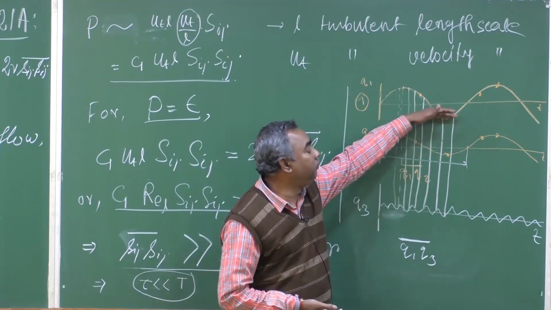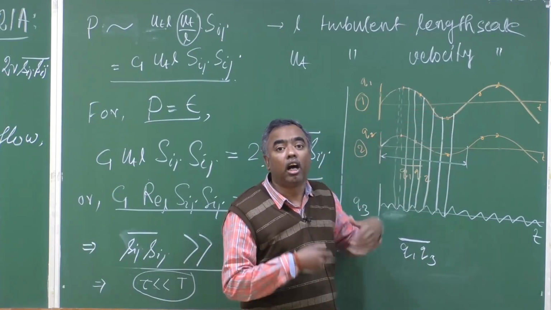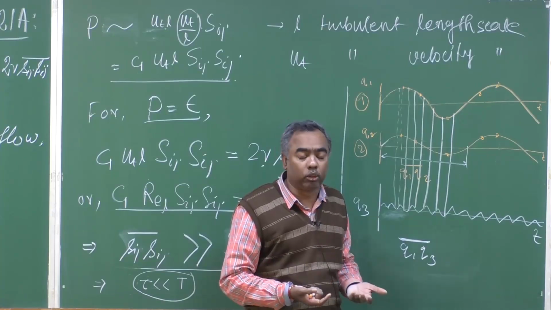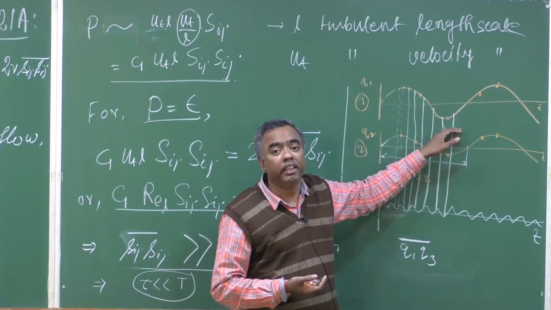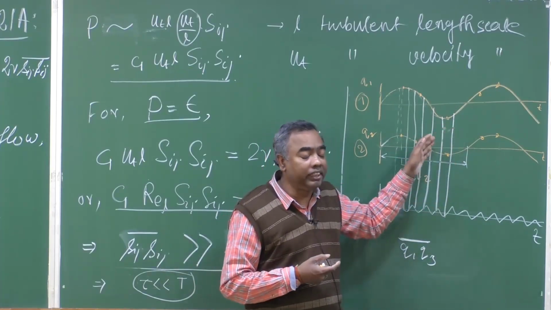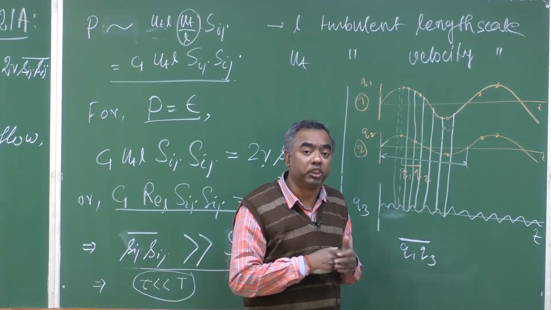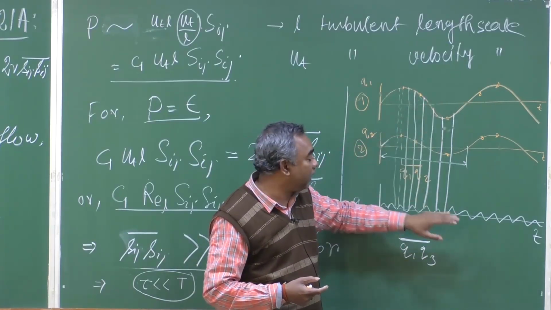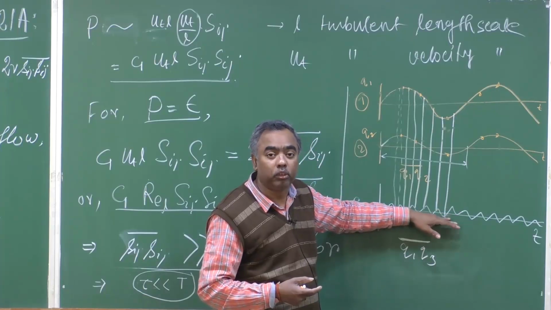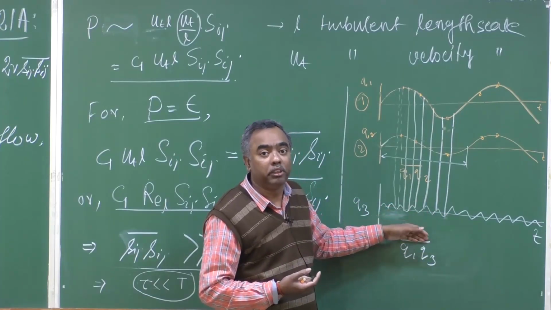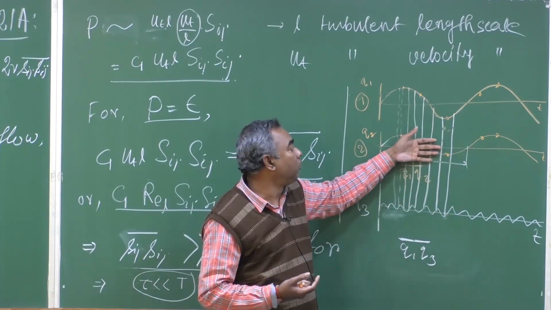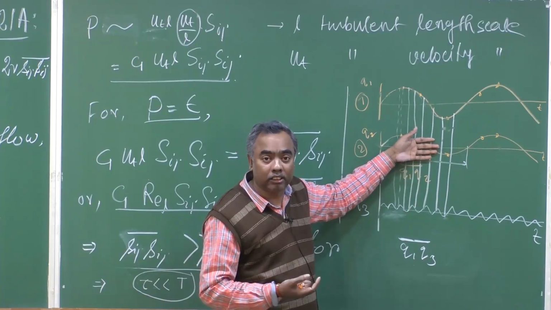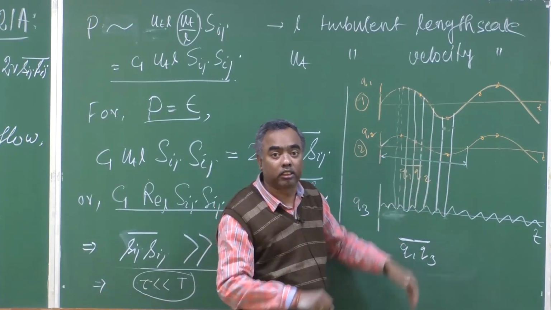Whereas the largest eddies are always anisotropic, because their orientation depends on the mean flow shear. Okay. So, that is why they are anisotropic, and this particular small scale is isotropic, and they are independent of the large scale structures at which the energy extraction is going on.